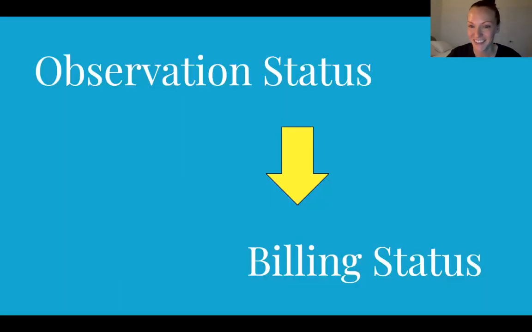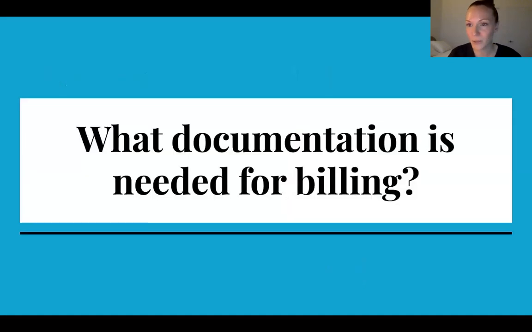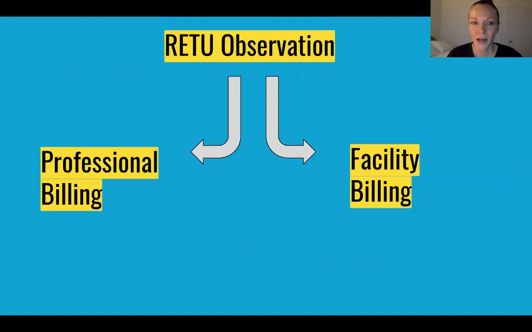All right. So as I mentioned before, observation status is really a billing status. And I'm very briefly going to touch on this. This obviously is going to apply more to those of you that work in the observation units right now.